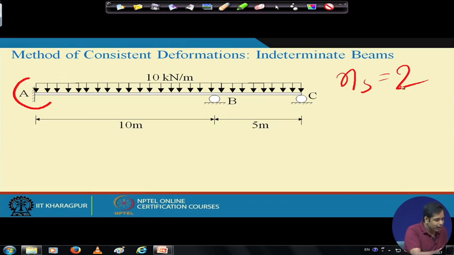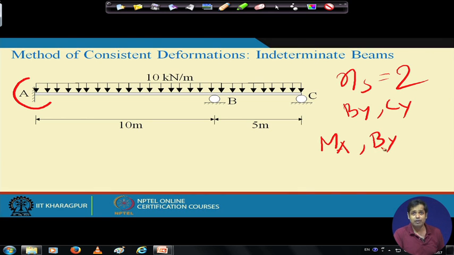Now, in this case, you can have some choices like we can take By and Cy as redundant. This is one choice. Another choice is we can take Ma and By as redundant. Okay. In both the cases the structures are determinate and stable.